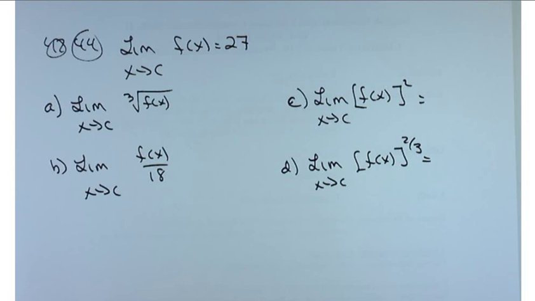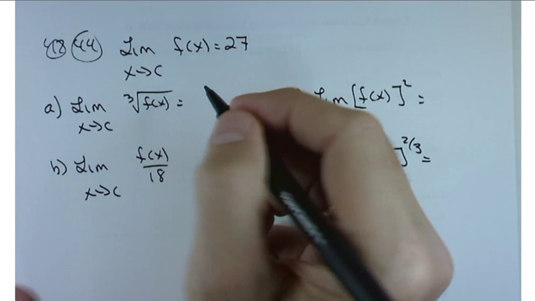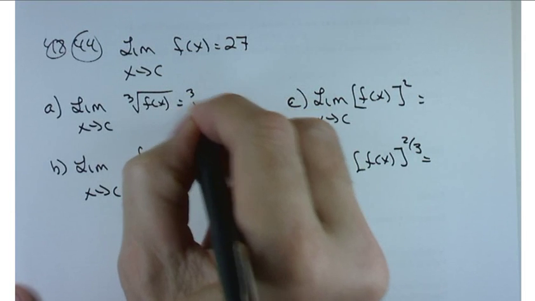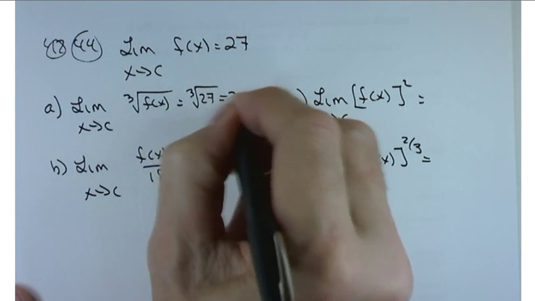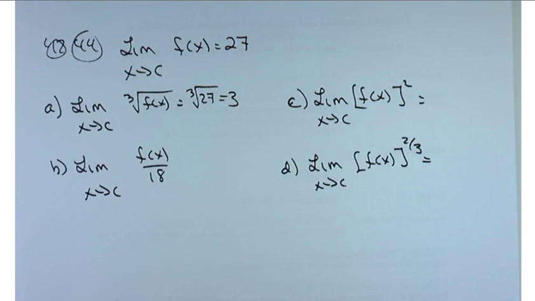Okay, Natasha, how about the first one? What's that going to give us, please? Good. Cube root of 27 is 3. Nice. And Amelia, how about the one below that?